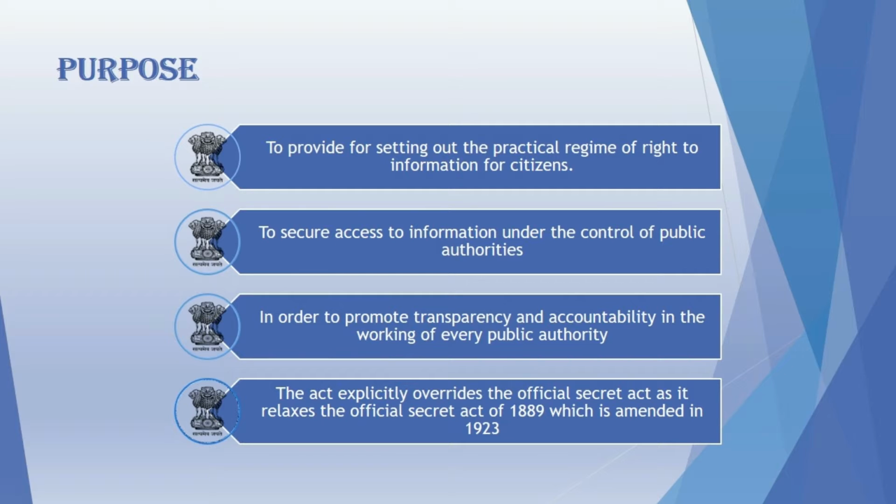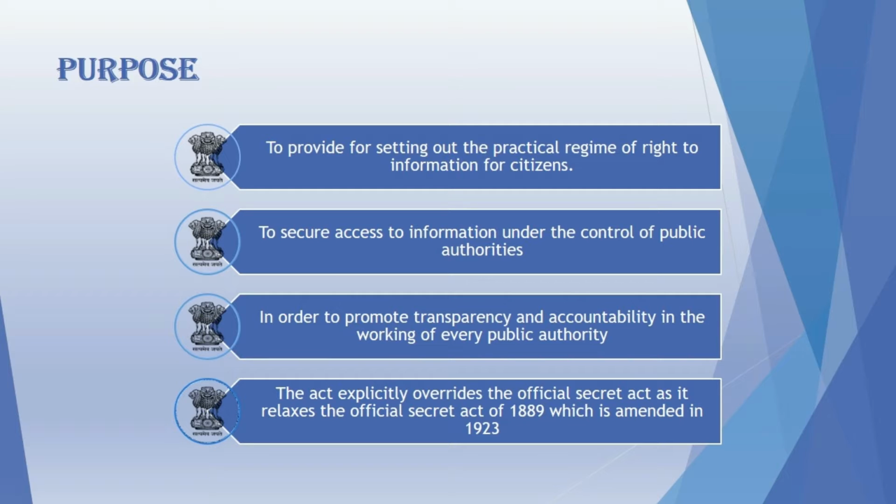Moving on with the next part, that is to secure access to information under the control of public authorities. The information must be secured under public authorities. The third part is to promote transparency and accountability in the working of every public authority. That means the Right to Information Act promotes transparency and accountability of particular information for the public authorities.